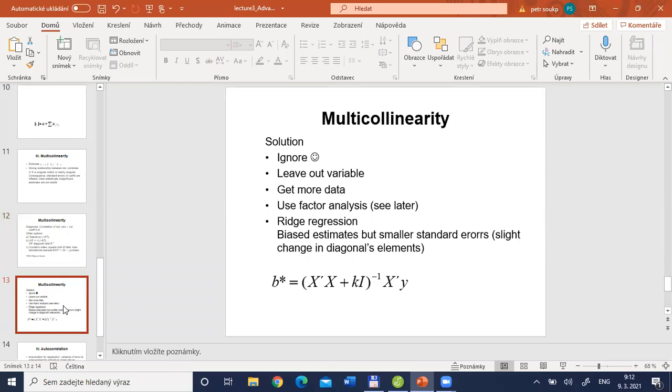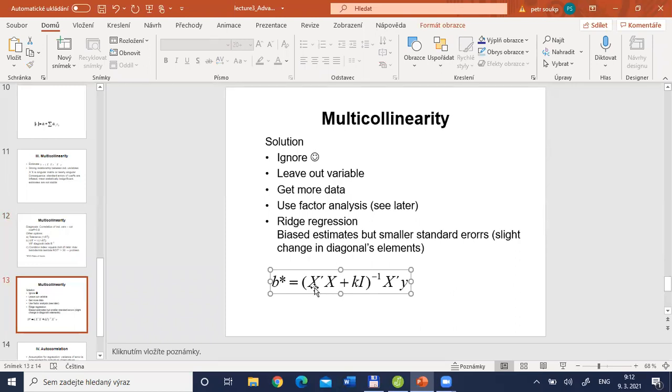Another solution, and we will learn how to perform it in some of the next lectures, is that we can apply factor analysis to related variables, and we can use the solution of this factor analysis. And the most advanced and sophisticated solution to the multicollinearity problem is called ridge regression. Ridge regression is based on a very simple trick: you slightly change the original formula for computation of regression estimates.